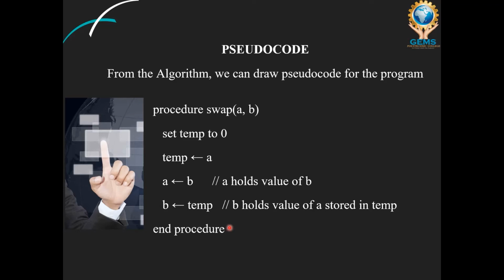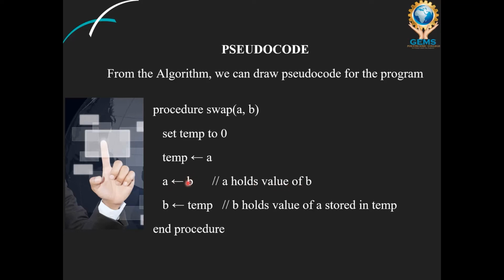I hope it's clear for you, my dear students. So here we have taken two variables, a and b, and temp. Initially I assigned temp equal to 0. Second, the value of a is going to be assigned to temp. Now a will hold the value of b.